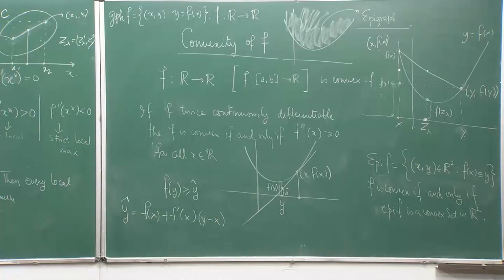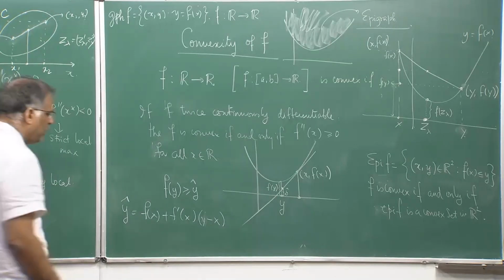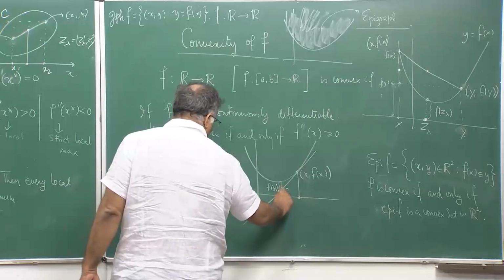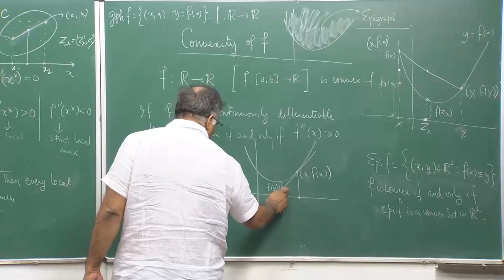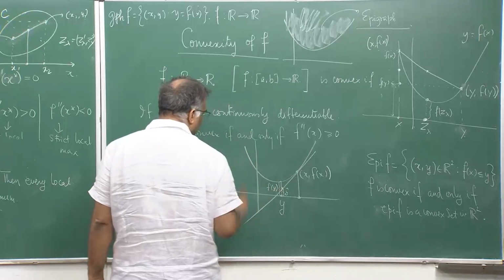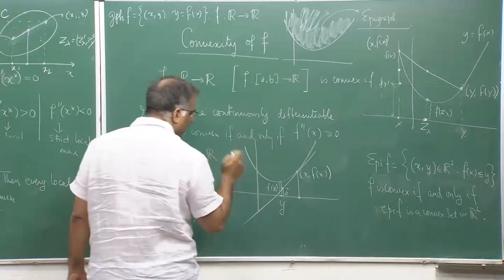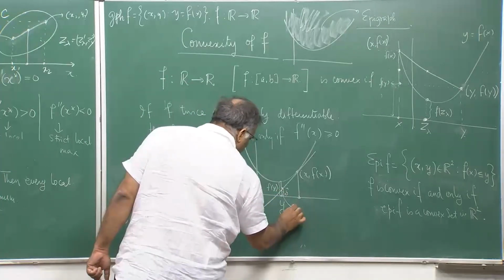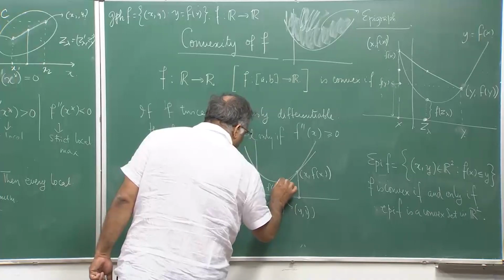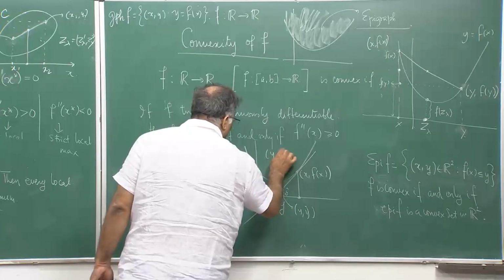This is exactly y hat at the point y. Corresponding to this y, you draw a perpendicular line, it cuts the tangent at the point y hat, and this is the point f(y).